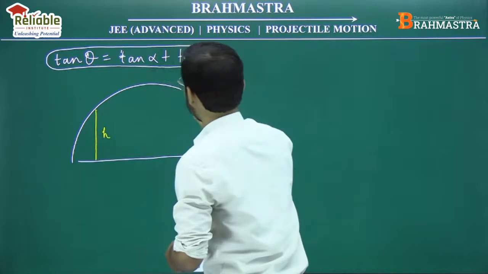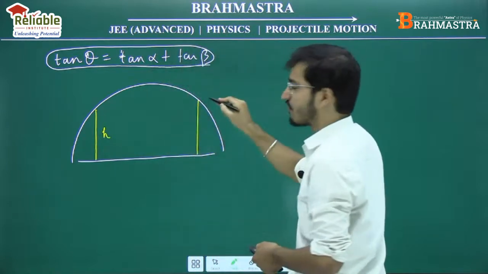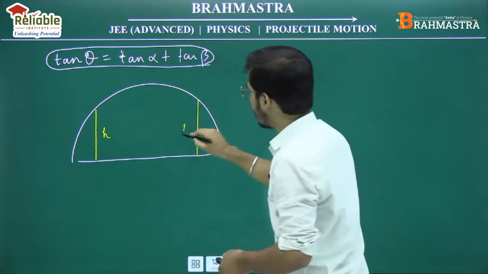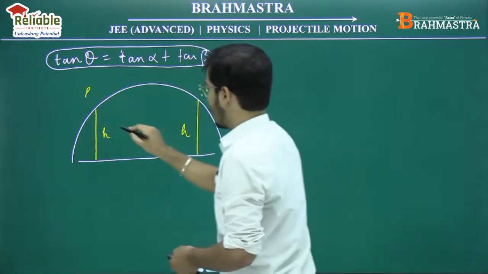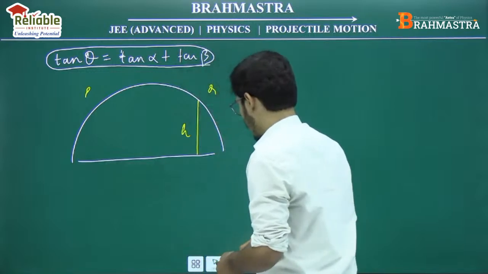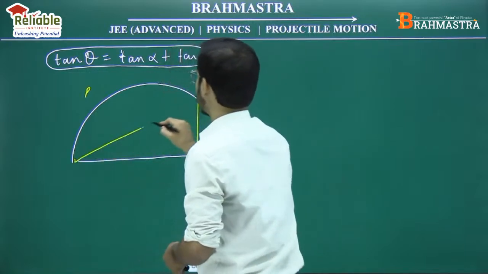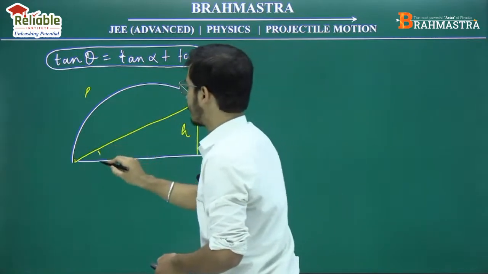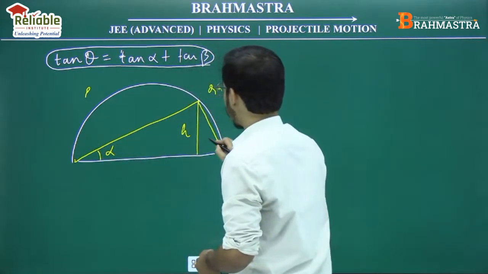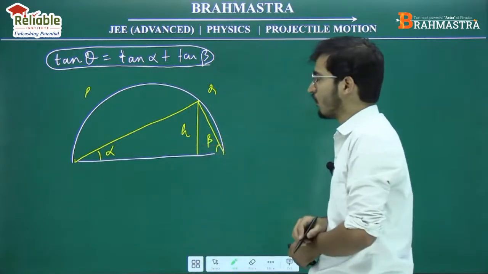This is H, and this is the point where actually the collision is happening, right? This is the point Q and this is the point P. Fine. So let me touch this and touch this point. Let's call this angle alpha. Let's call this angle beta. Okay.